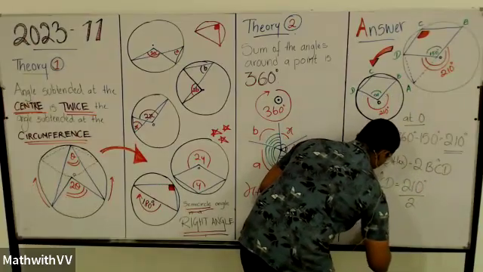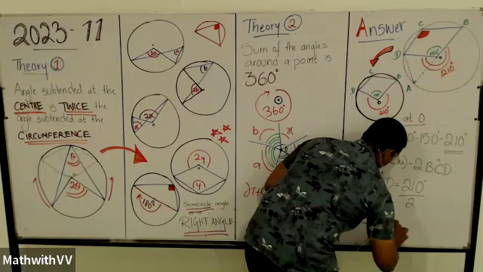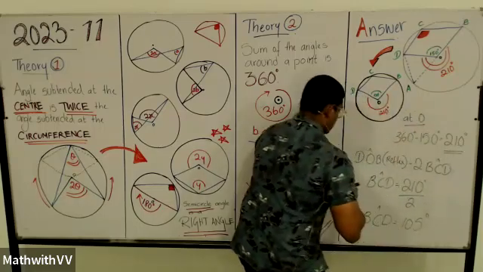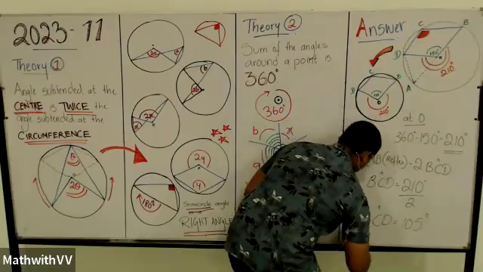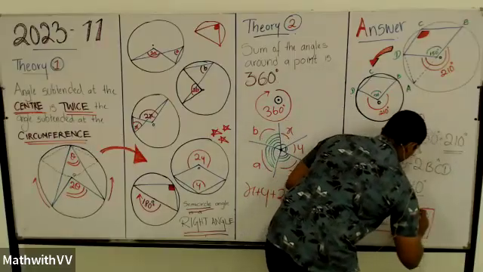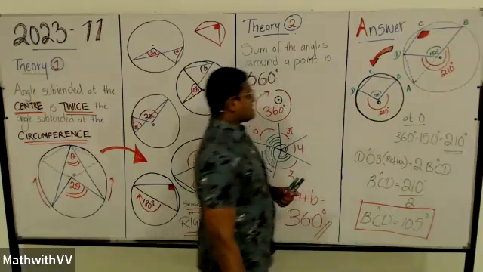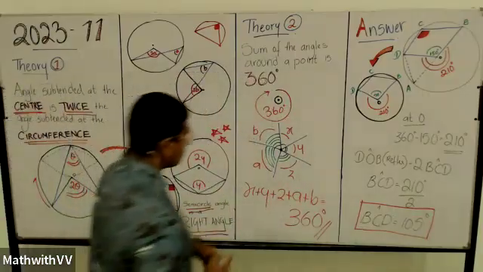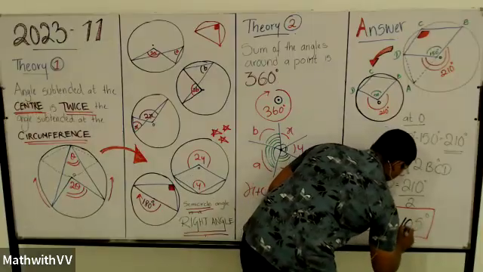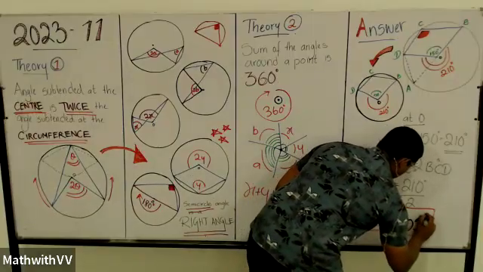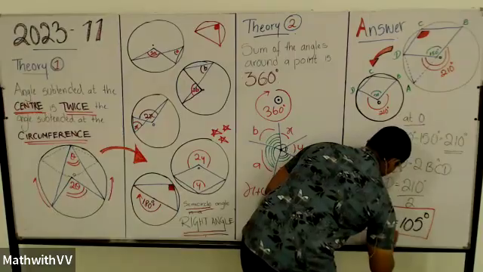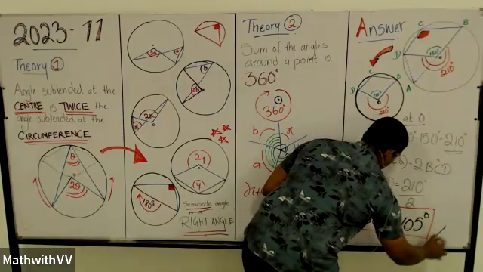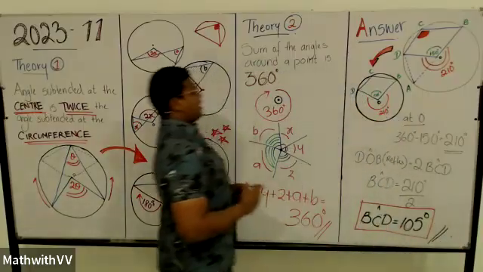So BCD equals 105 degrees. So that is the answer. Always make it a habit to box the final answer.